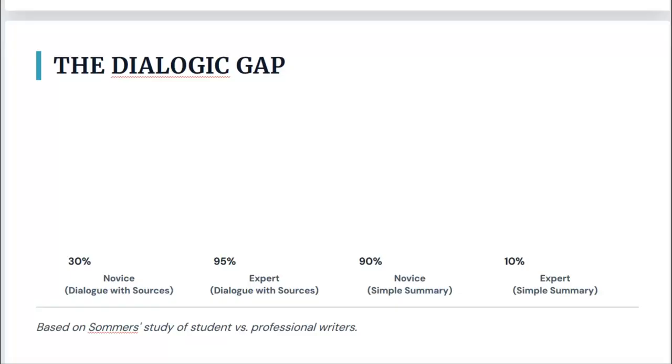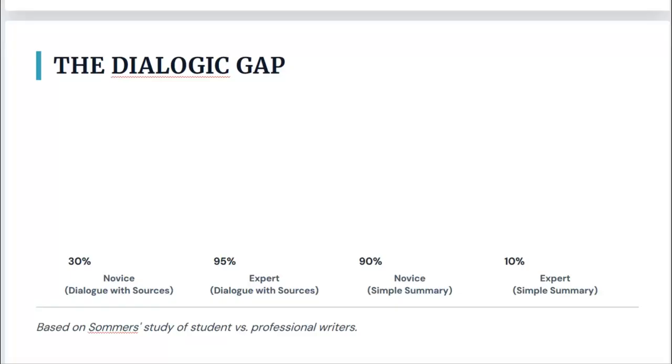I'm not sure why it says sources. Sorry, typo. And then novices do a simple summary of the things that they find in the text of the arguments in the papers, but the experts will do a simple summary of the essential arguments.